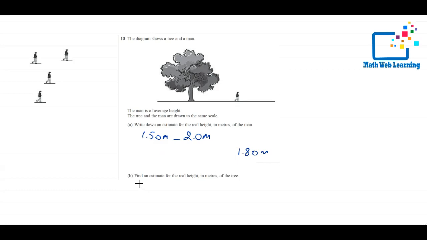And question B, estimate the height of a tree. It says here the diagram shows a tree and a man. The man is of average height. The tree and the man are drawn to the same scale. So basically, since the tree and the man are the same scale, we can use the height of the man to find out how many of his heights, stacked up together, make the tree.